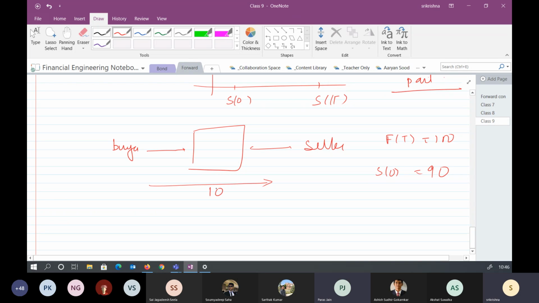If it has become 85, how much should the buyer pay to the seller, 15 or 5? 5 more. Yes, now you will be able to get that. Although on this day, according to them, the price is 90, you will see what the value was according to the last one, and the payment will be done.